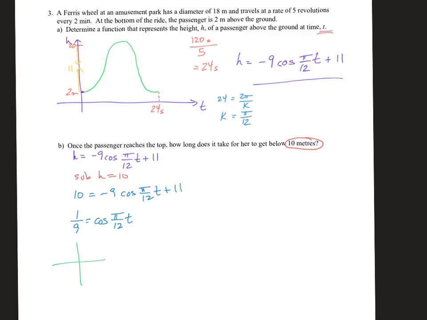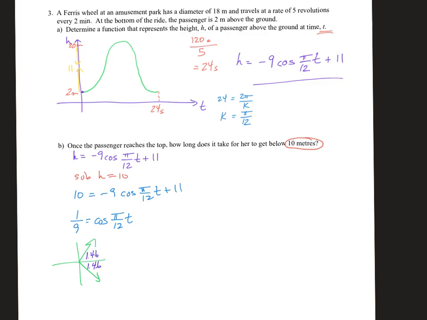So my cos is positive. That's going to put me in quadrant 1 or quadrant 4. I take a look at my information and I recognize that 1/9 is not a special angle. So I'm going to use my calculator and come up with an approximate. When I do my inverse cos of 1/9, I should get about 1.46 rads.